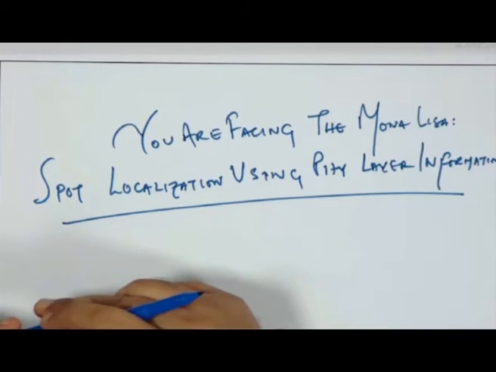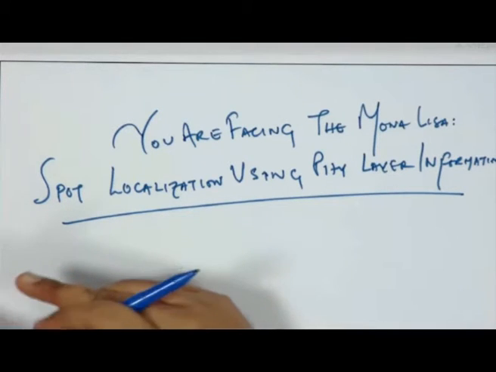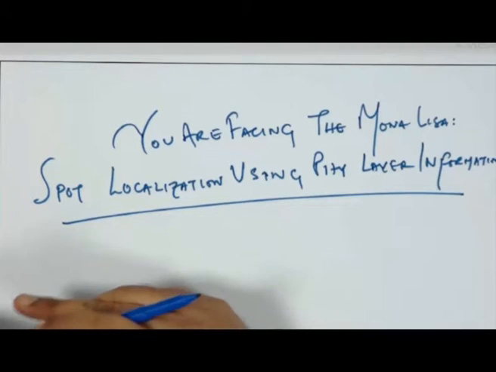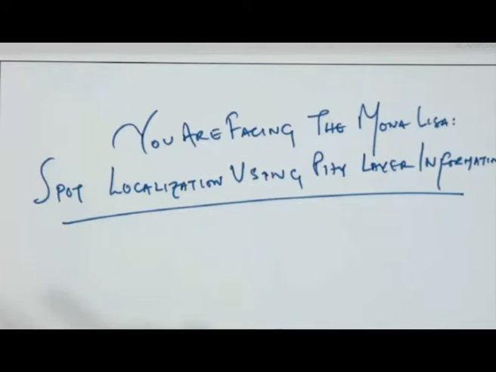So if you are facing Mona Lisa and it is giving an error of 3 meters, what would happen? What is the point? You are facing Mona Lisa and you have a mobile phone where information about the history of Mona Lisa is coming. The mobile phone has to understand precisely that you are actually facing Mona Lisa.